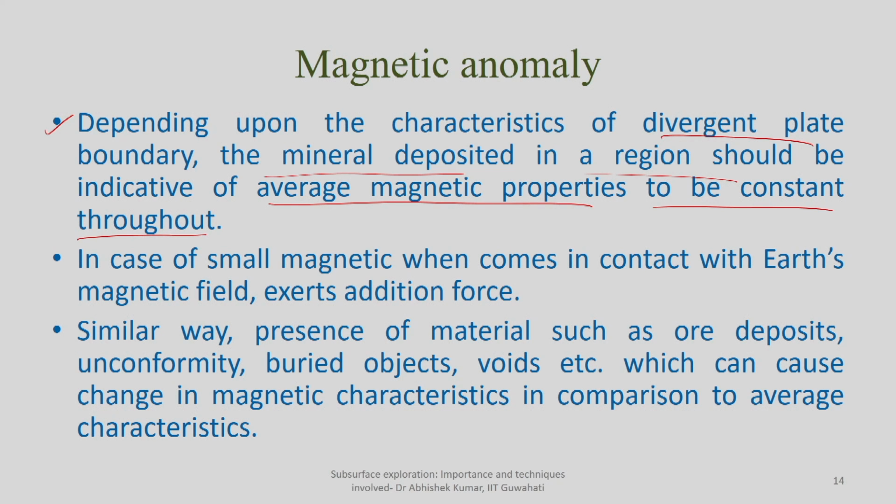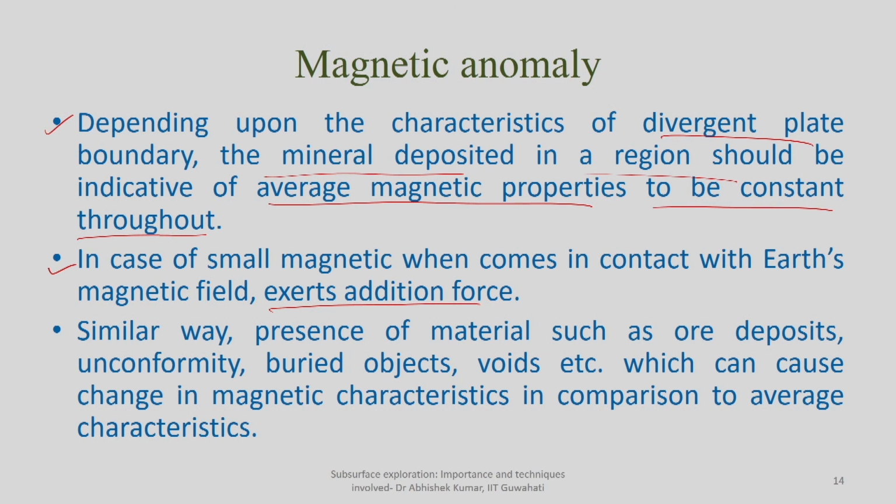Now, what will happen in case of small magnets when they come in contact with Earth's magnetic field? You are having additional material which is also susceptible, or which is also showing some influence by the Earth's magnetic field, whether it is increasing the magnetic property at that particular location or decreasing it, as a result of which there will be additional change in the magnetic force at that location.